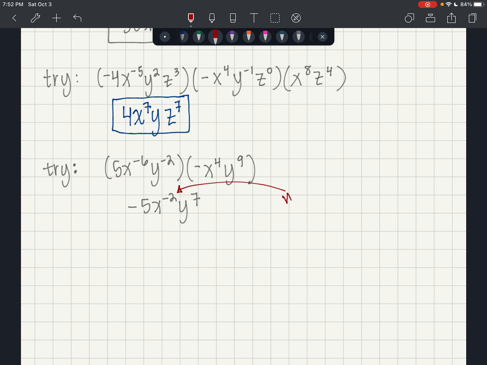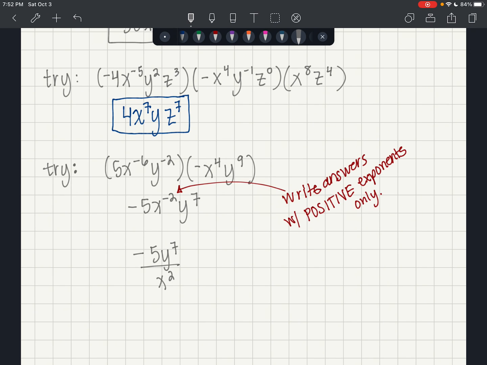You need to write your answers. Always write your answers with positive exponents only. So our final answer would be negative 5y to the 7th over x to the 2nd power.